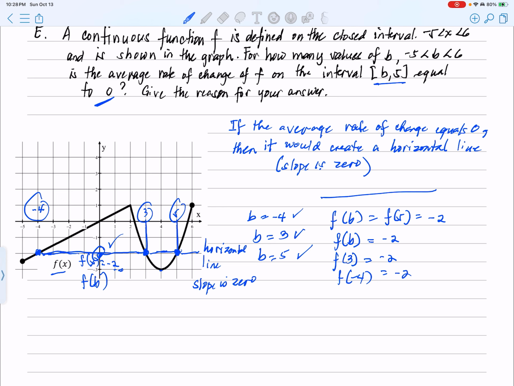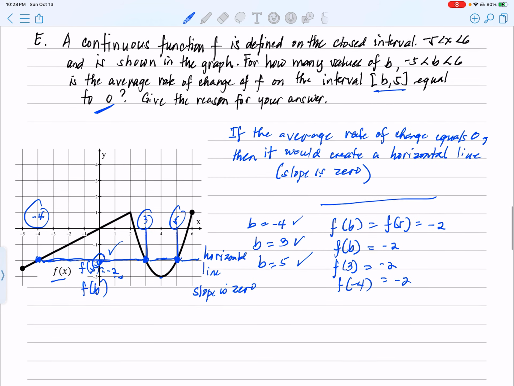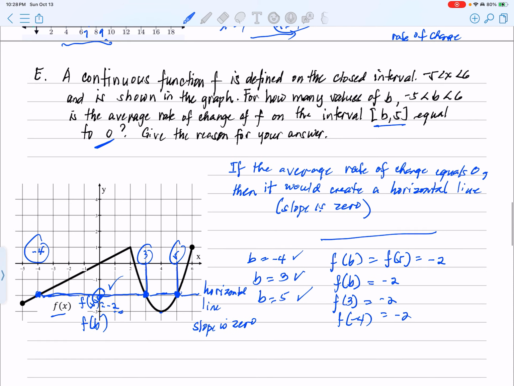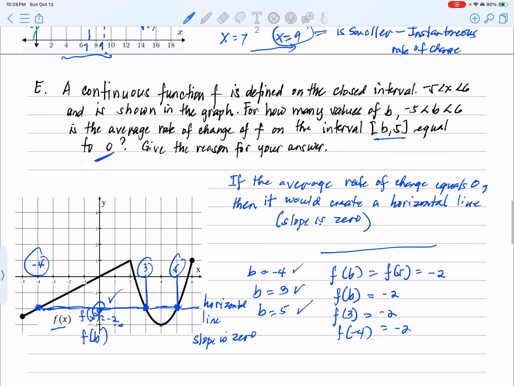So that's it. We have solved several problems related to rates of change.